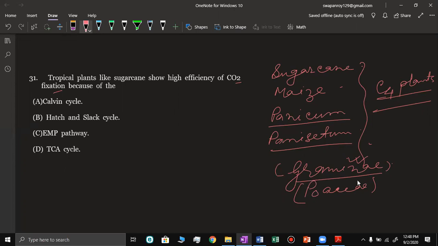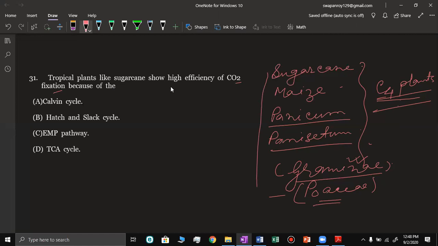All this rice, paddy, wheat, maize belongs to Gramineae. But most C4 plants are Gramineae, but it is not that only the monocots have C4 plants. Some dicot plants also have this C4 cycle.